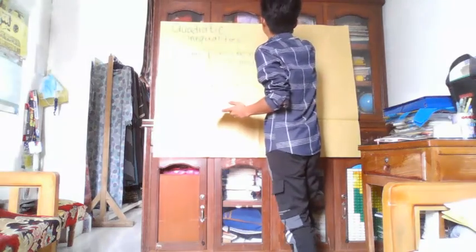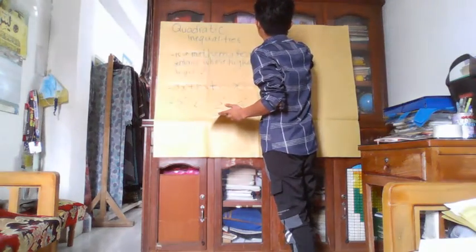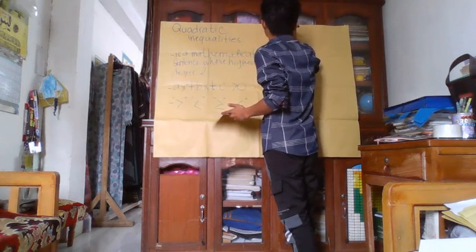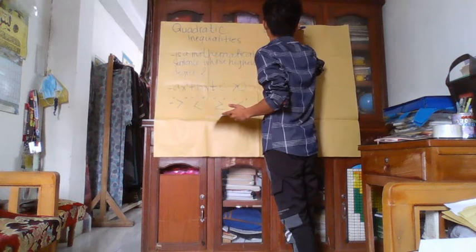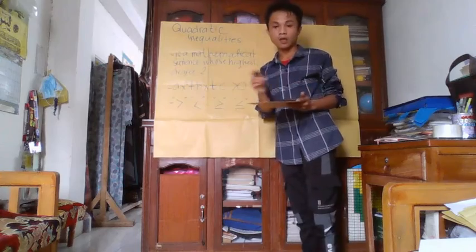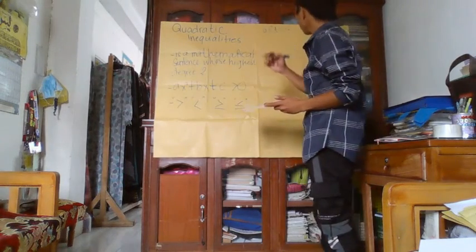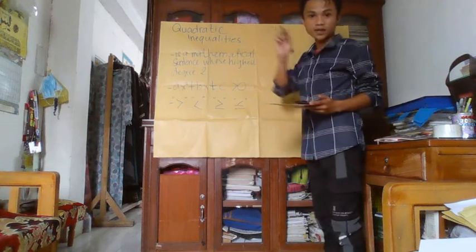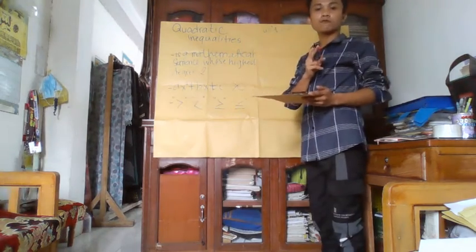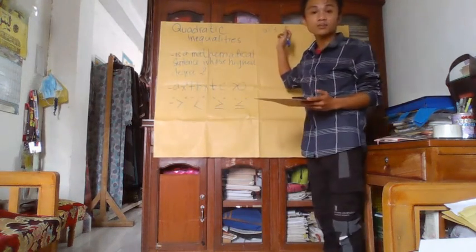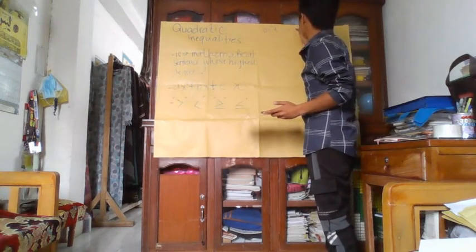So, the example of a quadratic equation is ax squared plus bx plus c equals 0. Remember, class, that in a quadratic equation the highest degree is 2. And another thing to remember is the symbol of the equal sign.